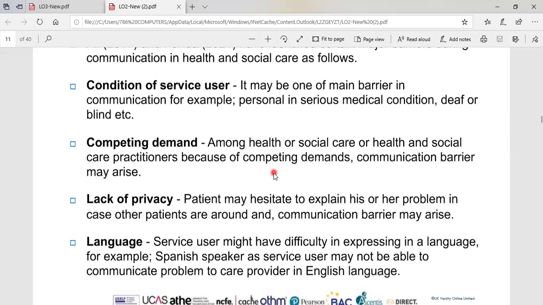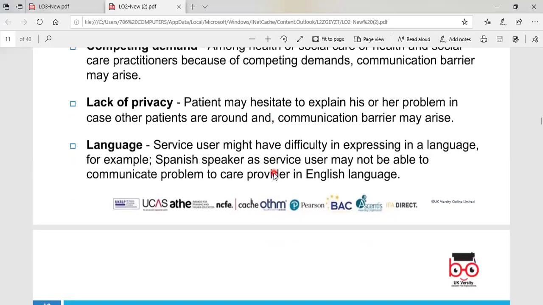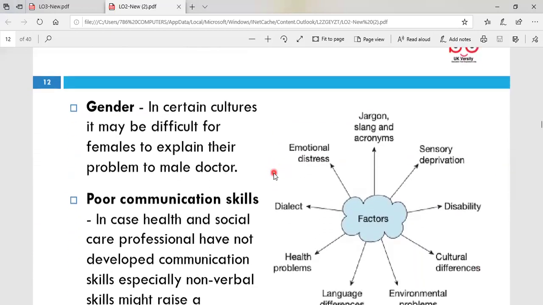Language, as I spoke earlier, is a very important barrier that should be tackled early. If there are translators, persons who can interpret a language and then transfer it to the other person, that would be very helpful.